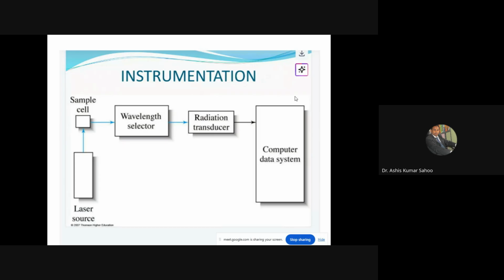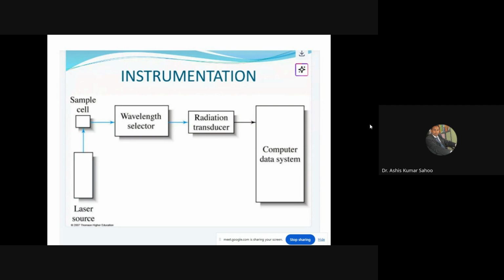So listen, this is the instrumentation of Raman spectroscopy. You have a laser source, a sample chamber, a wavelength selector, a radiation transducer, and a computer data system.